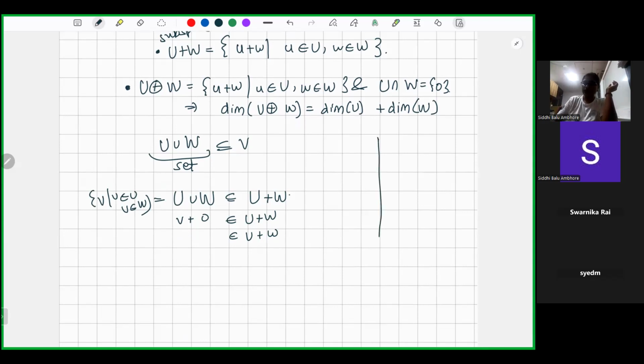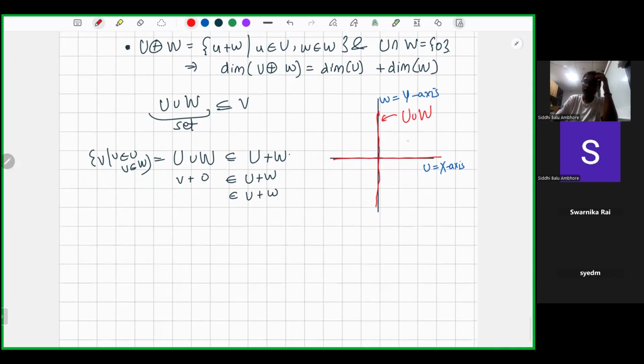For example, if we take x and y axes, and my U is the x axis and W is the y axis, then U union W is just these two red lines.